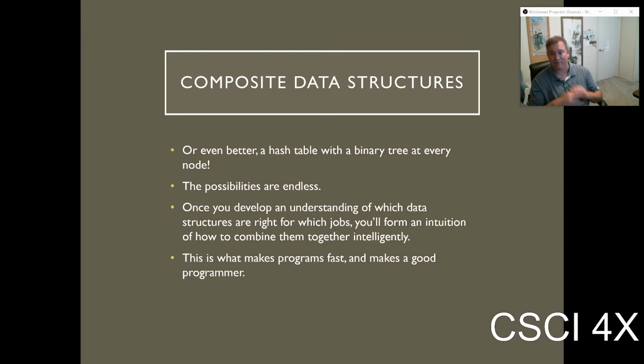By making it a linked list, it's order n. Also using a hash table to check for duplicates was the right data structure as well. That gave you another n squared to n, like it bumped you up one level of performance. So the worst case CSI 40 solution would have been order n cubed. We got it up to order n, so two whole steps better performance, which is mammoth, right?